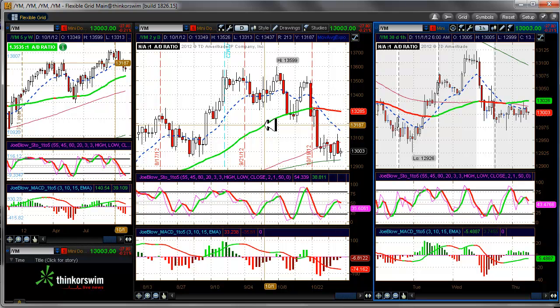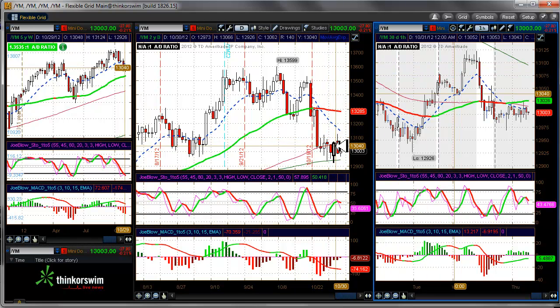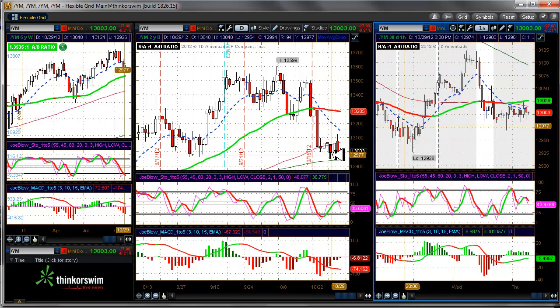The other thing that I've done that I failed to mention for you folks is I have my crosshairs synchronized. So you'll notice as I move on the daily chart, it's also moving on the monthly chart, and if I go over far enough, it's also moving on the hourly chart. It syncs up between the price and date.